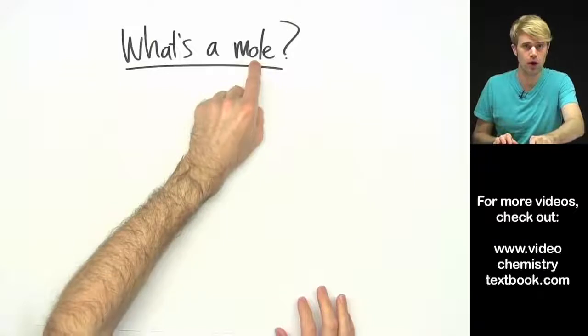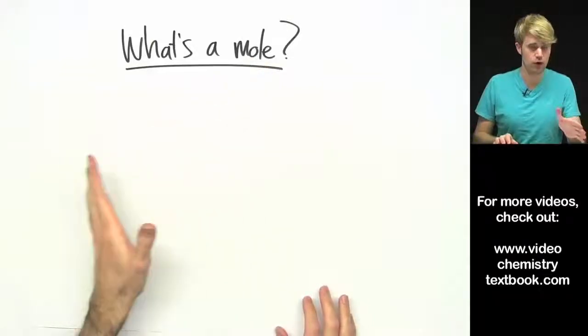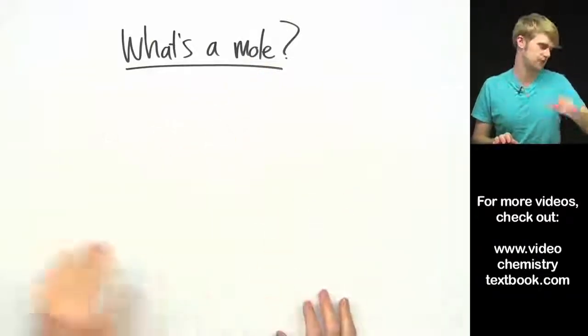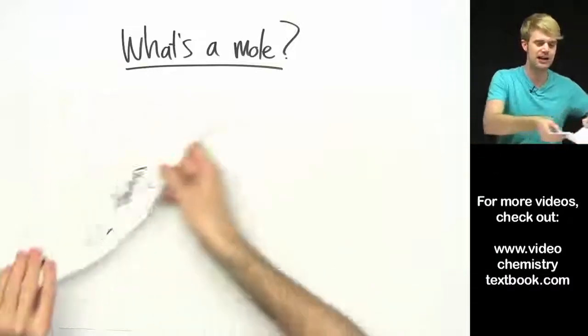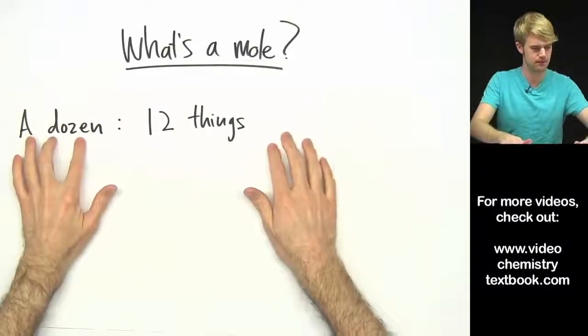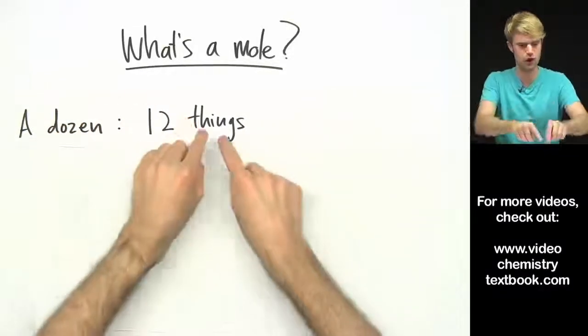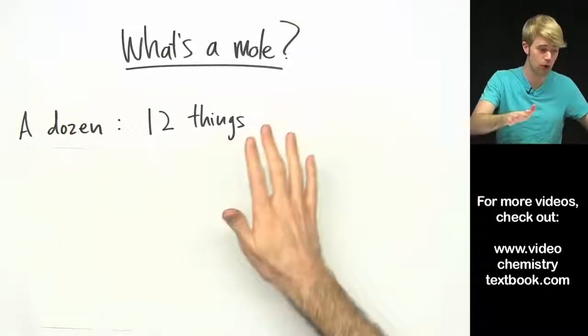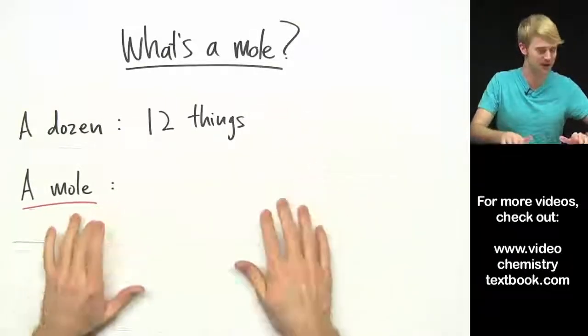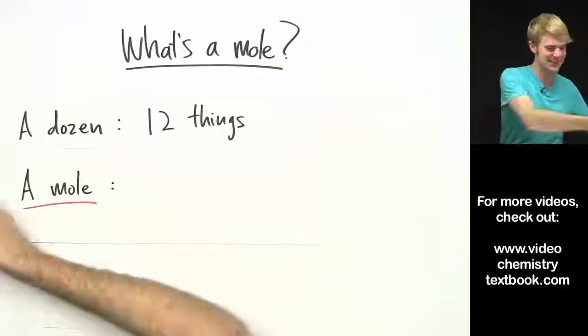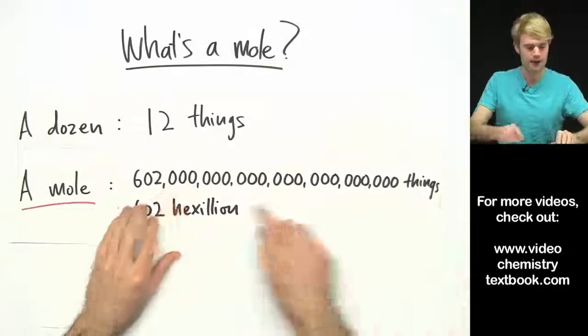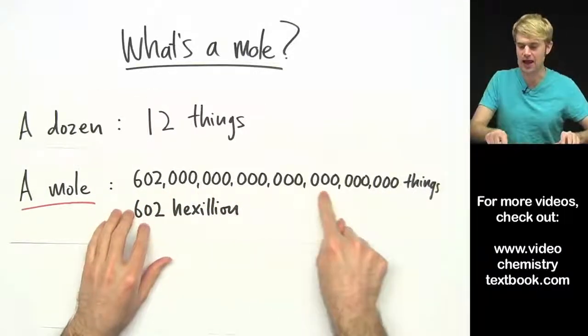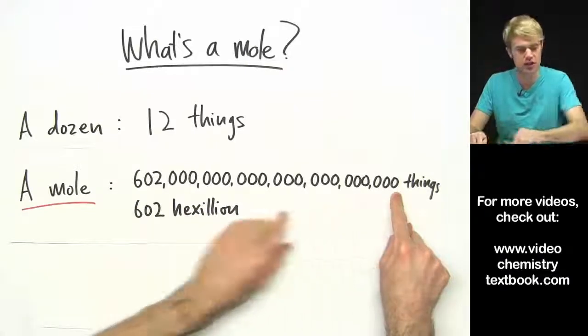So a mole is a name for a specific number of things. Okay? A mole is kind of like a dozen, right? A dozen is the name for 12 things, or 12 things in a dozen. Now, a mole is like this, but it's way bigger than a dozen. In a mole, there are 602 hexillion things.